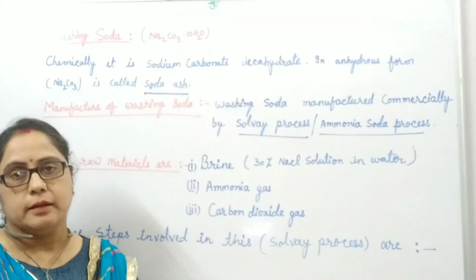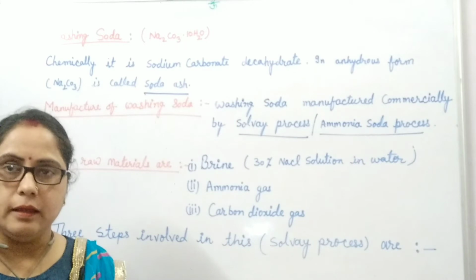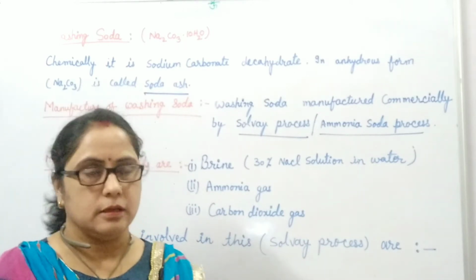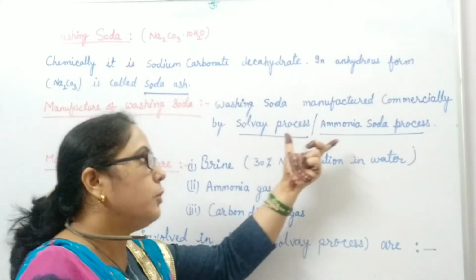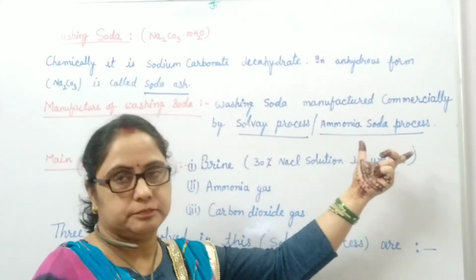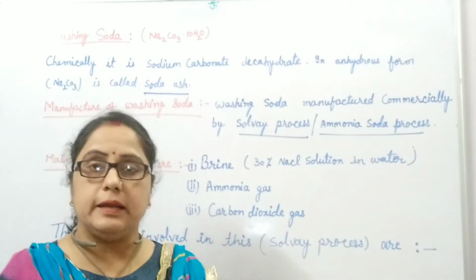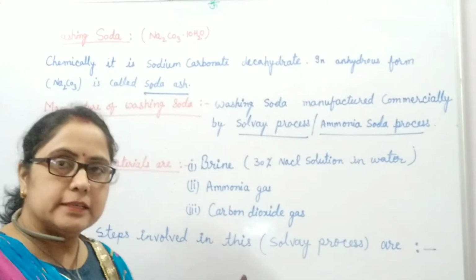Washing soda is manufactured or prepared commercially by the Solvay process, and this Solvay process is also called the ammonia soda process. In this process, there are mainly three steps involved that we will discuss.